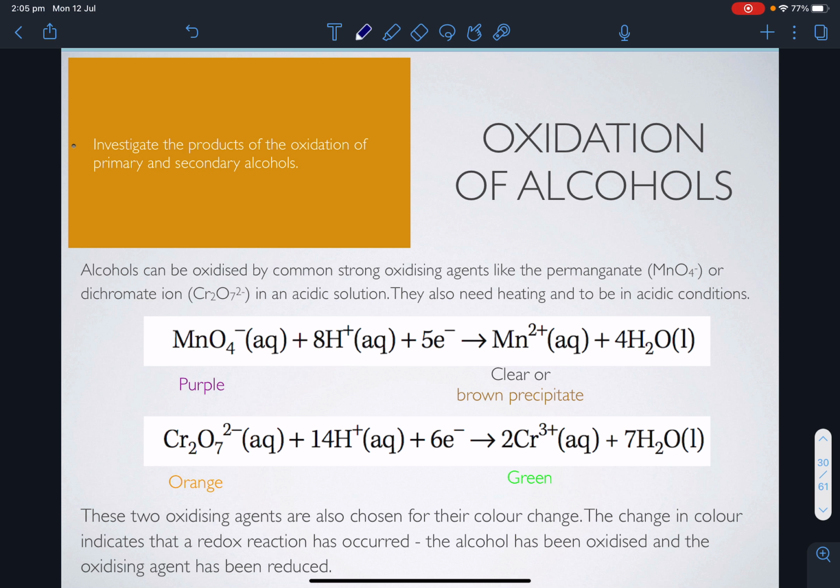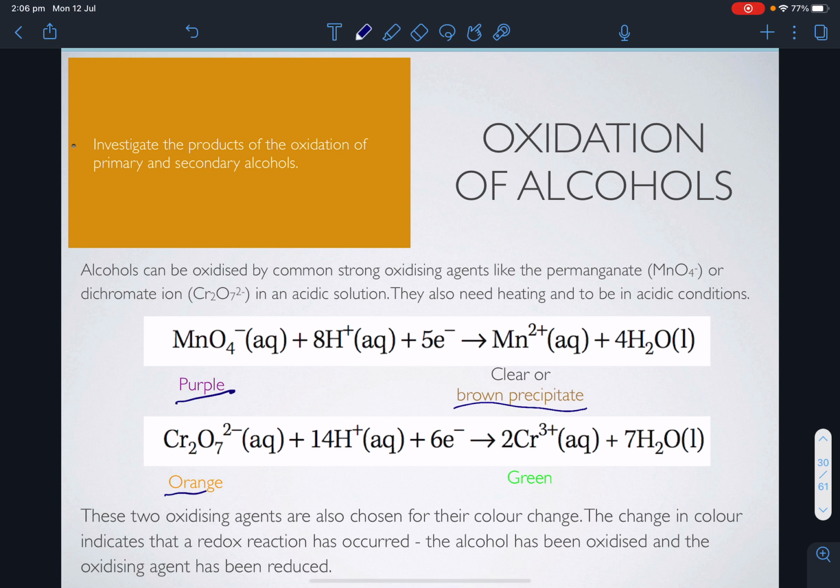Remember, you balance the non-oxygen, non-hydrogen atoms, then you balance the oxygens by adding on water, then you balance the hydrogens by adding on H+, and then you balance the charges with electrons. The permanganate starts off purple, and when it's being reduced, it goes clear, but you do sometimes form a brown precipitate, which is manganese dioxide.